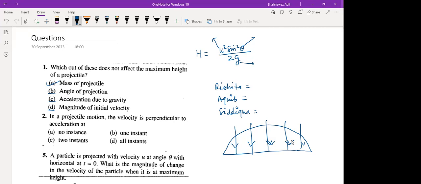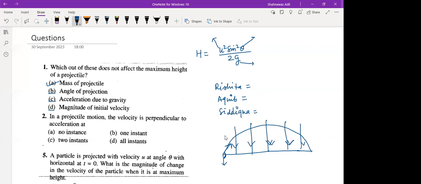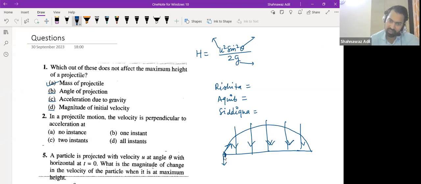Okay, now you guys tell me at how many instants. At this point, the velocity is in this direction and the acceleration is in this direction. So is it 90? No, right? And not 180 either, but less than 180, right?